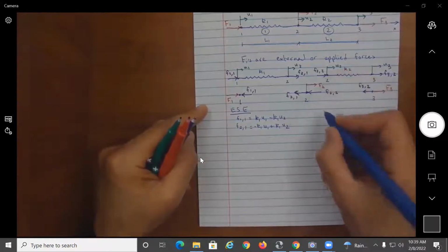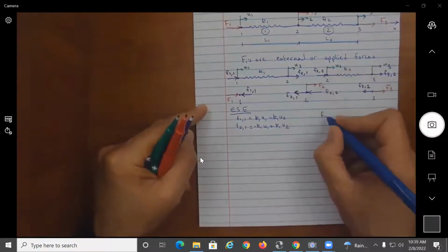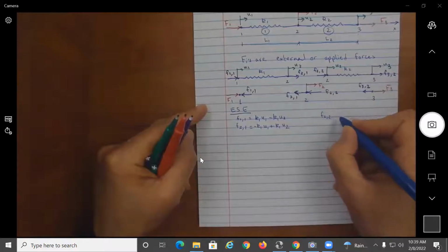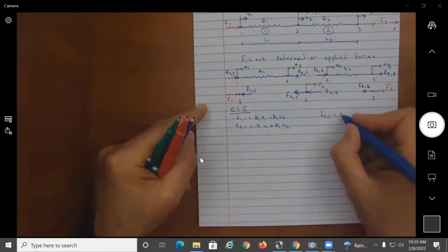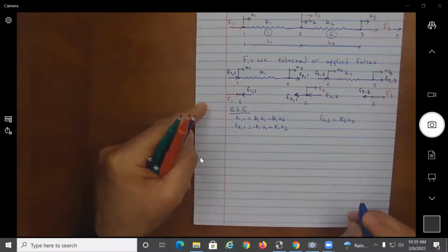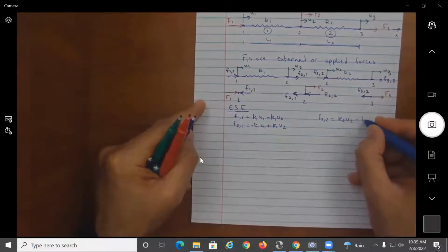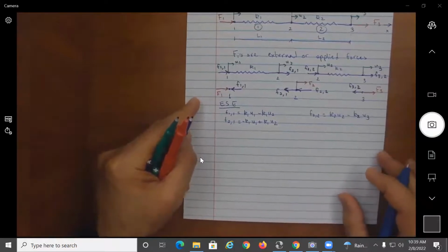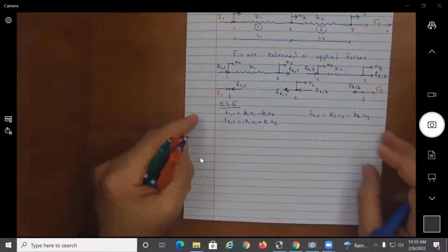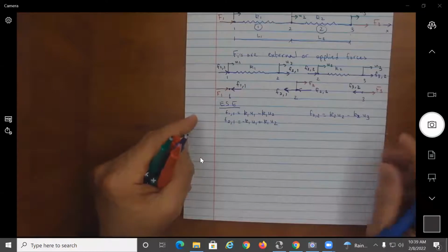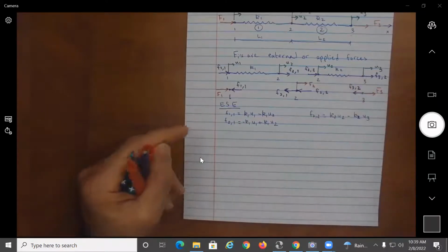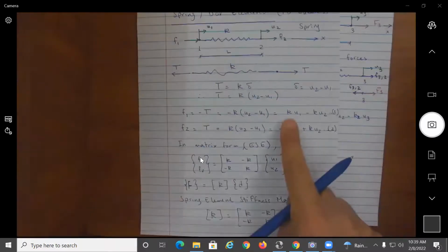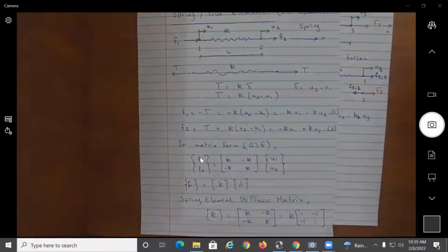For element 2, I'm going to get F22 equal to K2 U2 minus K2 U3. Are you all following where I'm getting these equations from? For element 2, these are identical to the ones we just derived, equation 1 and equation 2.